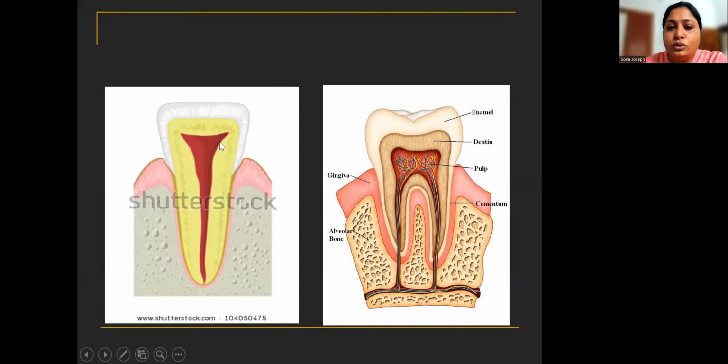In a single-rooted tooth, the anatomy is simpler, being one pulp chamber continuous with the root canal exiting at the foramen. Whereas in a multi-rooted tooth, you can see the pulp chamber is almost box-shaped with a roof, floor, and 4 walls, and then exiting into the root from the orifice and exiting from the apical foramen to the surrounding bone structure.